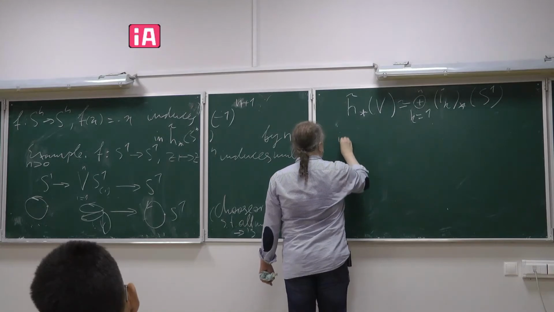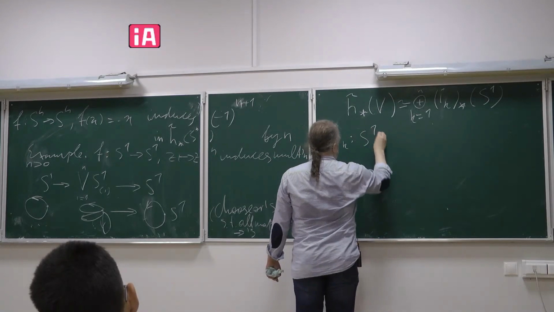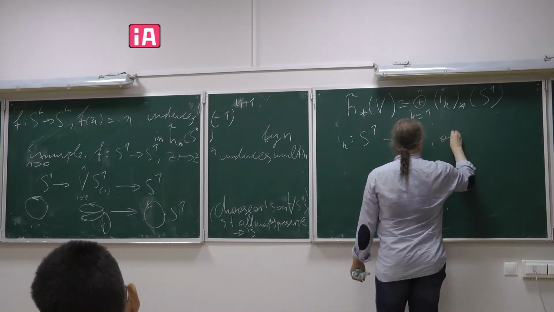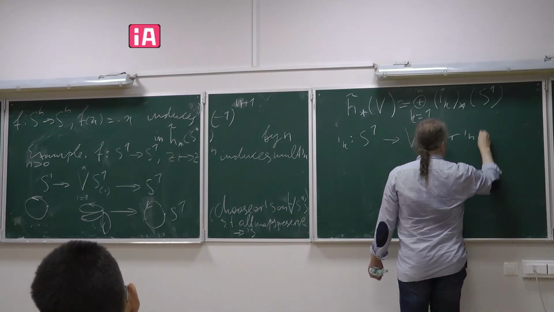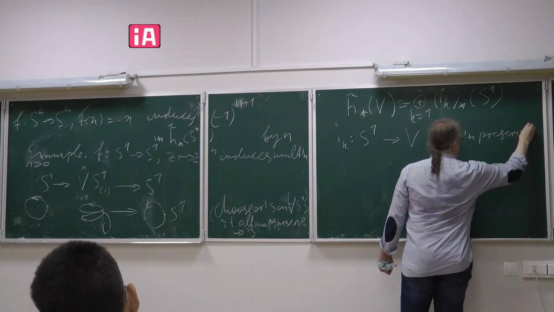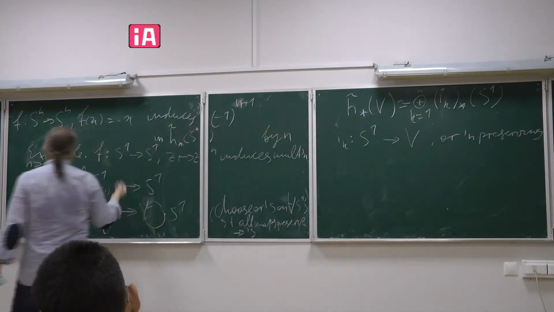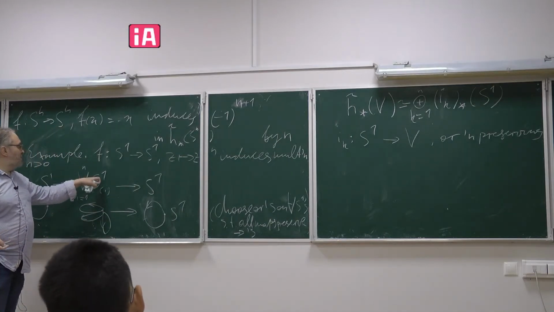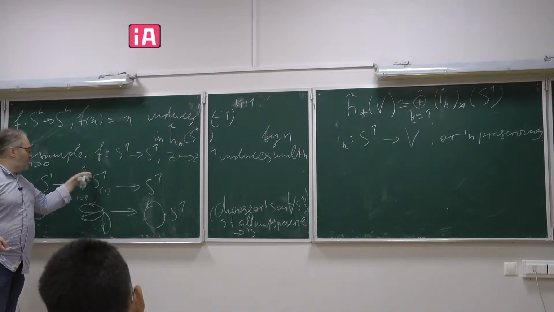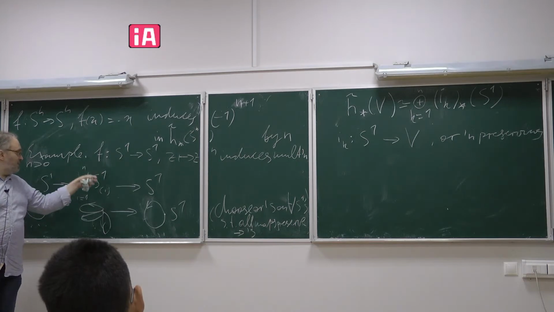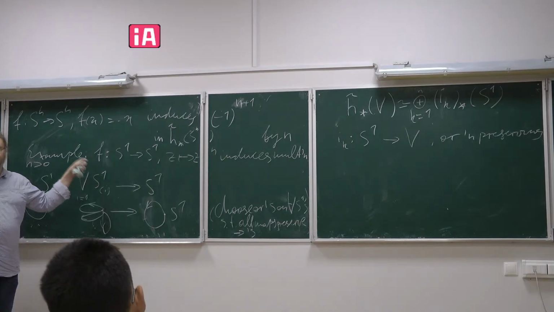Ik is the orientation preserving map from S1 to the wedge, and this map identifies S1 with the ith summand in an orientation preserving way.